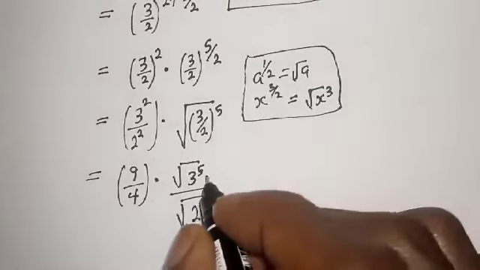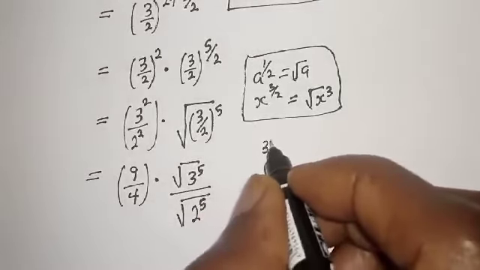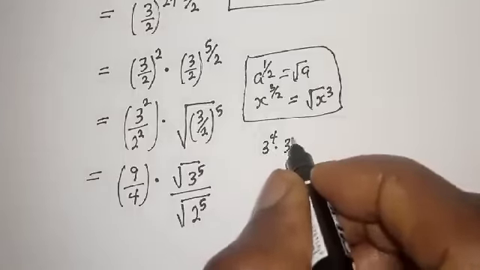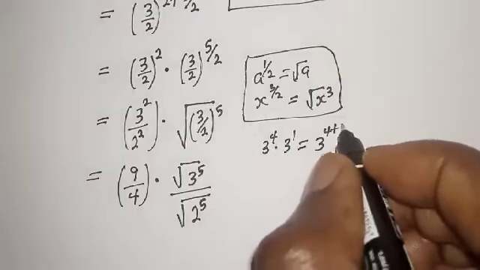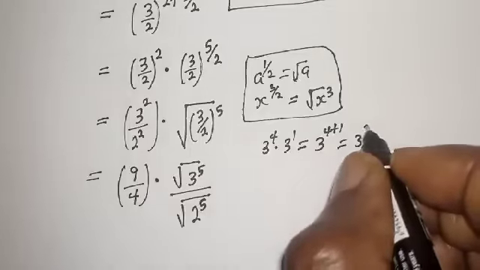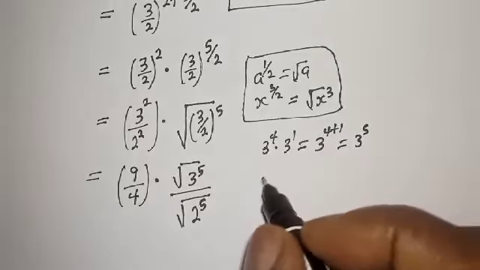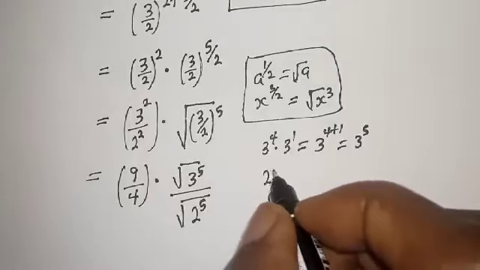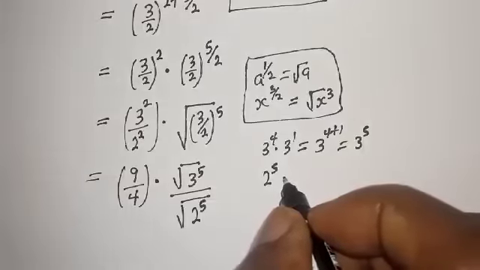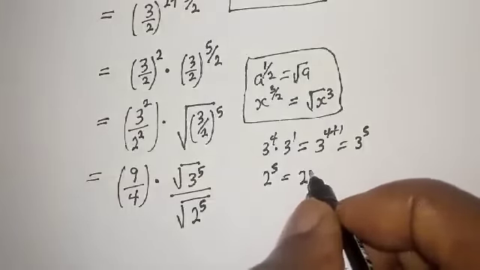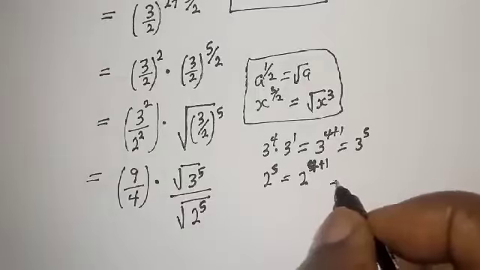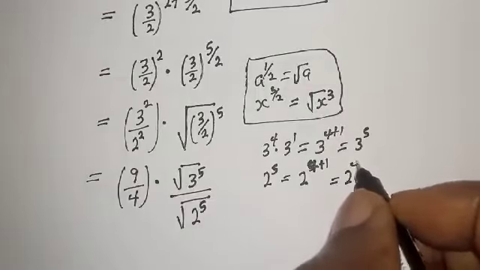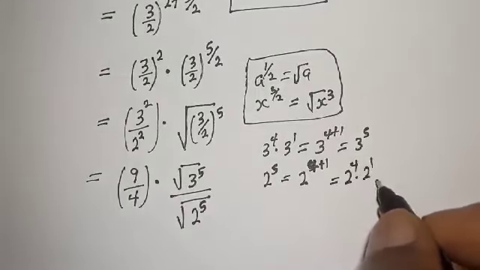Note that 3 raised to power 5 can be written as 3 raised to power 4 multiplied by 3 raised to power 1. This is equal to 3 raised to power 4 plus 1, which is 3 raised to power 5. Also, 2 raised to power 5 can be written as 2 raised to power 4 plus 1. This is equal to 2 raised to power 4 multiplied by 2 raised to power 1.